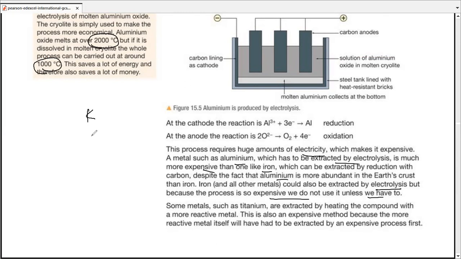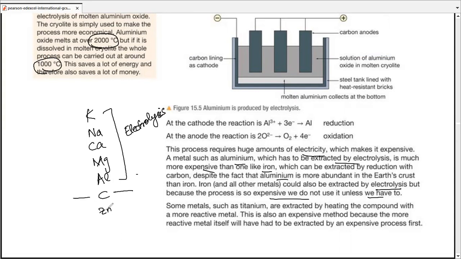The list I was talking about previously, unfortunately, in that list, we need to opt for this method. So these five are usually extracted with the help of electrolysis. Then we had carbon. After carbon, we had zinc, iron, and copper that we usually extract with the help of reduction with either carbon or carbon monoxide.